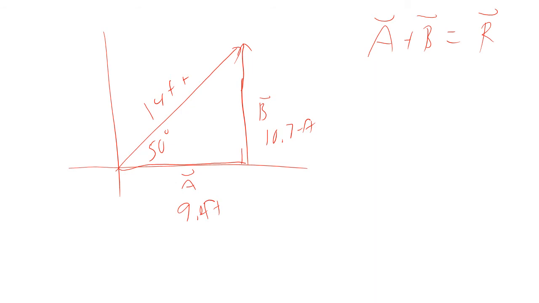Well, what we can do is define 3 unit vectors. A unit vector is a vector that has length 1. Unit means 1, so this is length 1.